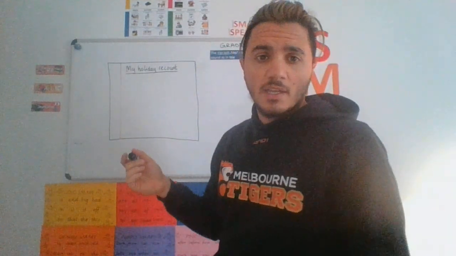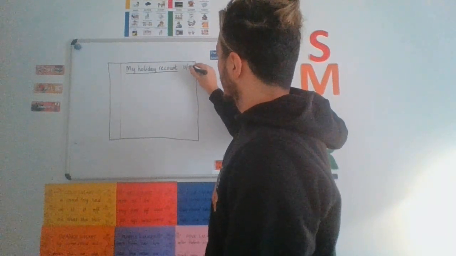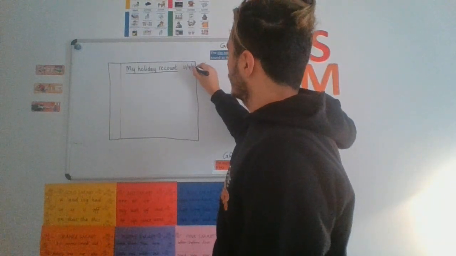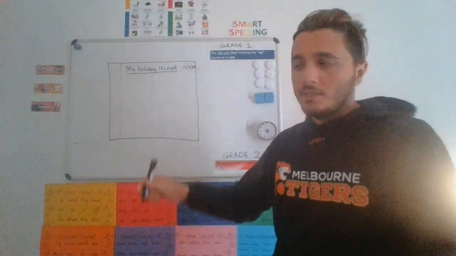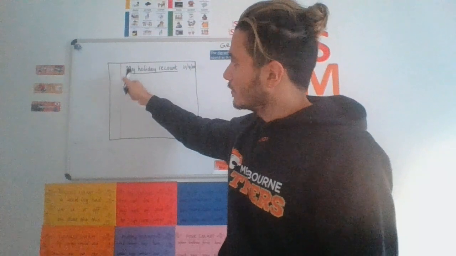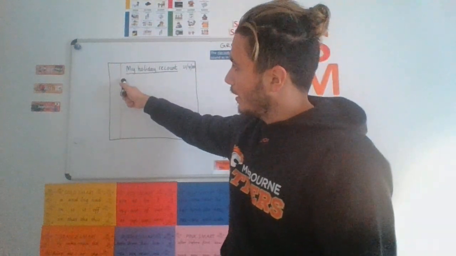So the date today is the 21st of the 4th month, which is April, 2020. Okay, so now I'm ready to start writing my orientation, nice and close to the margin.